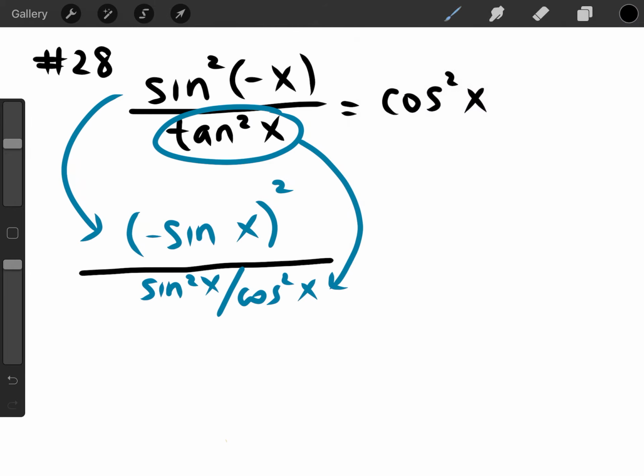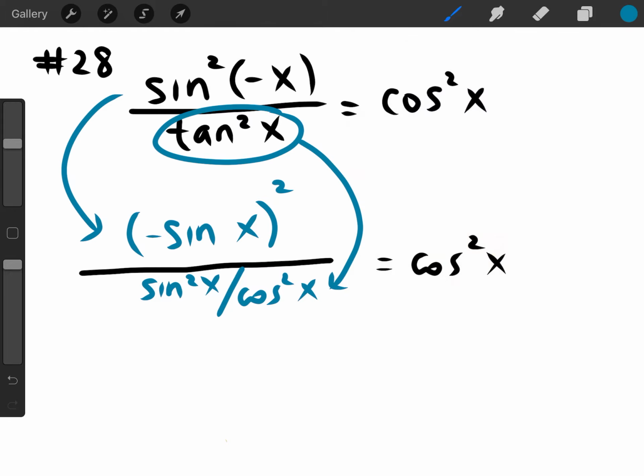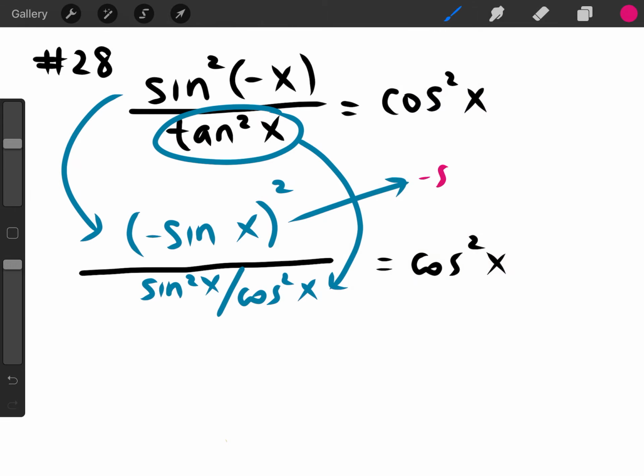So tangent square is gonna be sine square x over cosine square x. Okay, see that's gonna equal to cosine square x.